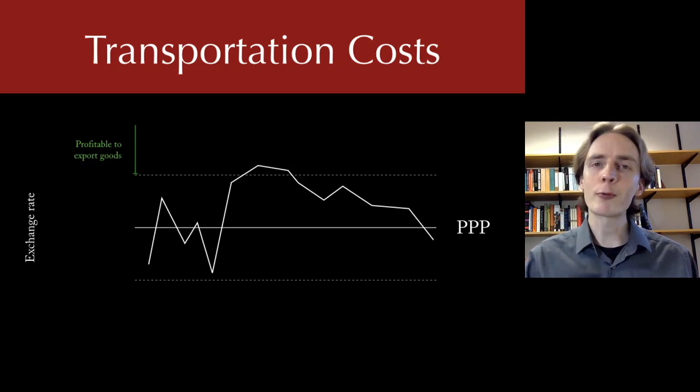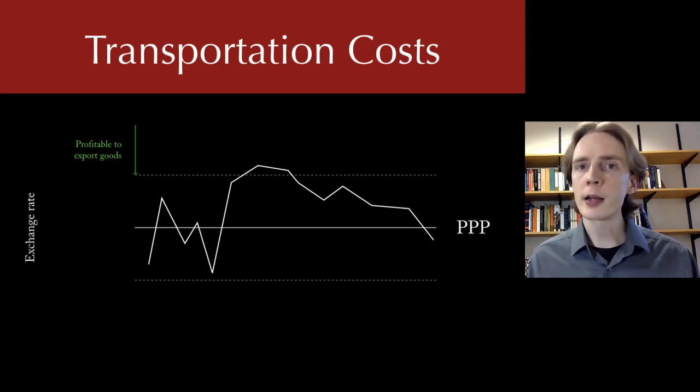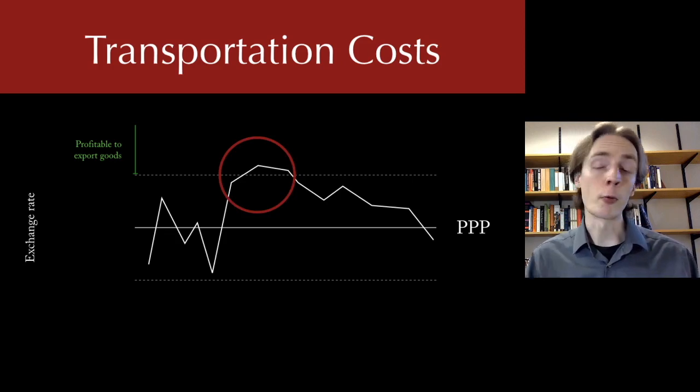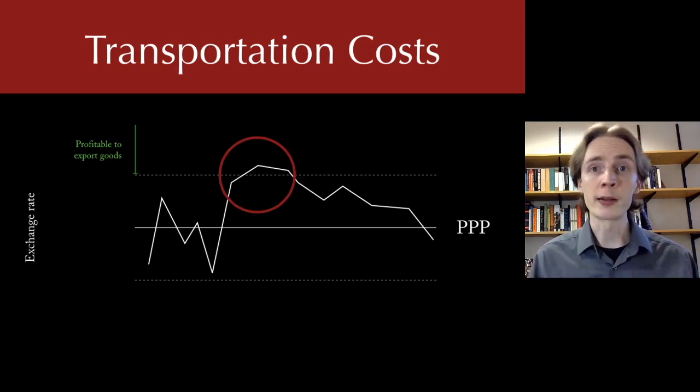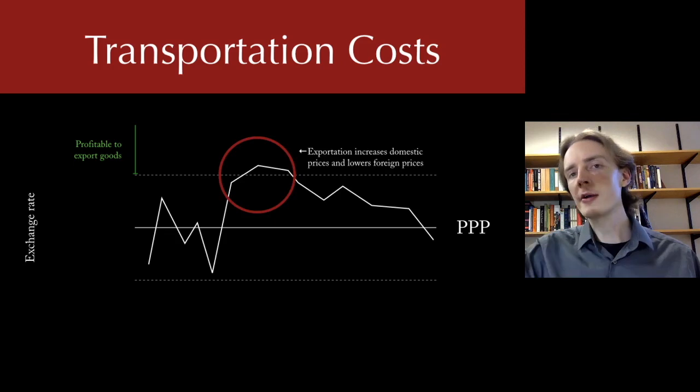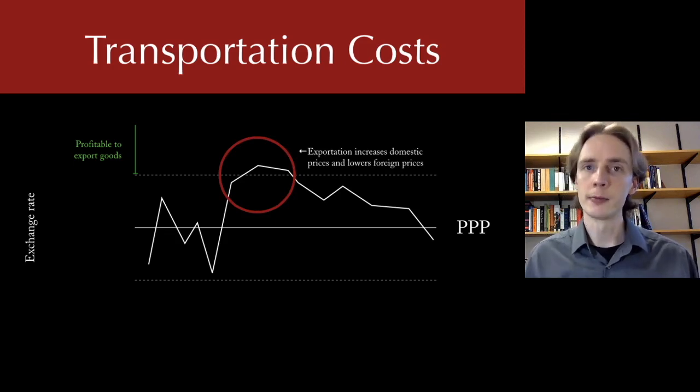So if the exchange rate rises enough, if your country undervalues its exchange rate enough, it's all of a sudden going to be profitable to start exporting goods, because other countries are going to be more able to afford your cheap goods, because your prices are too low for the exchange rate. And so people start arbitraging that and exporting goods. That's going to push the exchange rate back within the band.